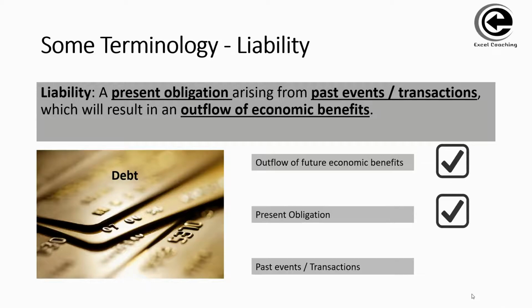And the third element is past transaction or past event, which is when BHP took the debt. Examples of liabilities are debts, accounts payable, tax liabilities, and so on. Think of what you owe.